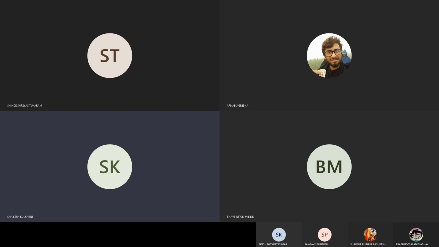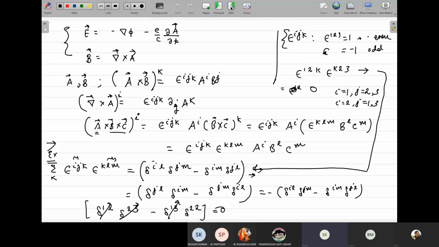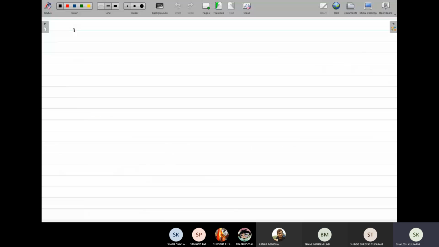So let me again briefly go through the computation. Our Lagrangian for a particle in the electromagnetic field has a free particle part, given by minus mc² times the square root of 1 minus v²/c².